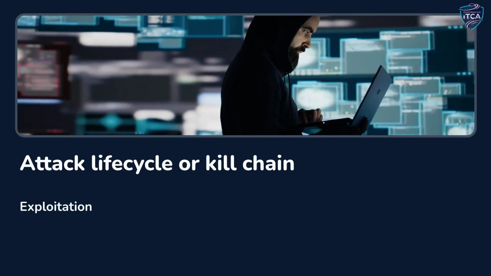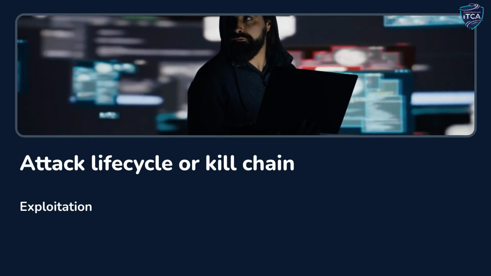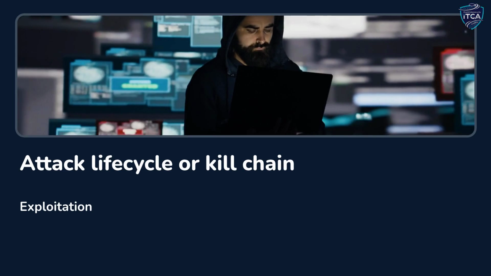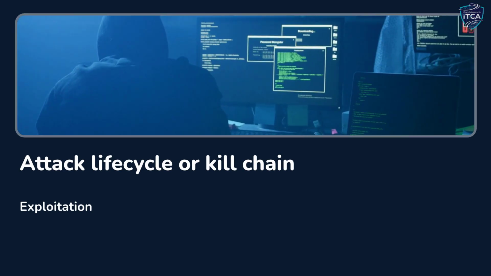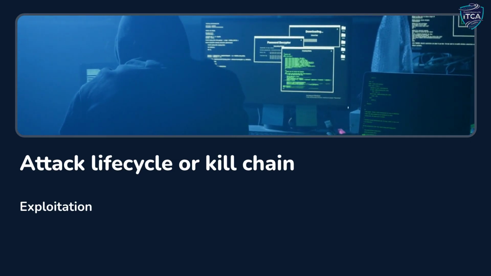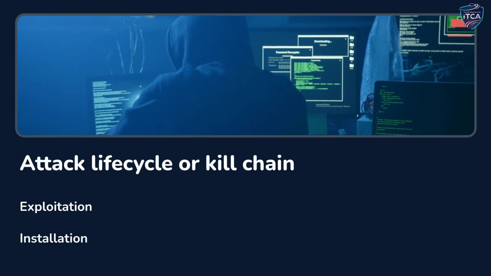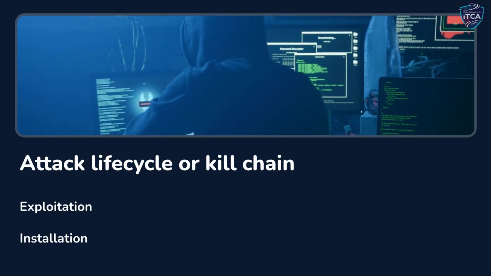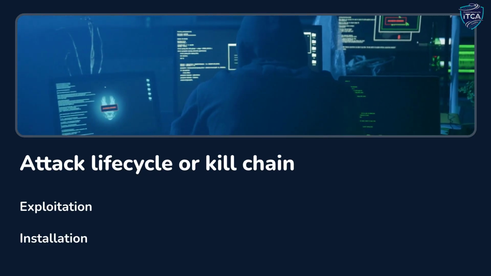This is when the payload or exploit is executed to gain initial access, often taking advantage of vulnerable software, unpatched systems, or even human behavior through social engineering. After the attacker gains access, installation occurs, where persistence mechanisms like backdoors, scheduled tasks, or registry modifications are deployed, so the attacker can maintain long-term access.